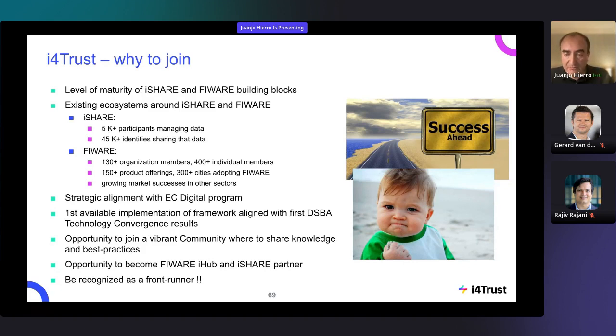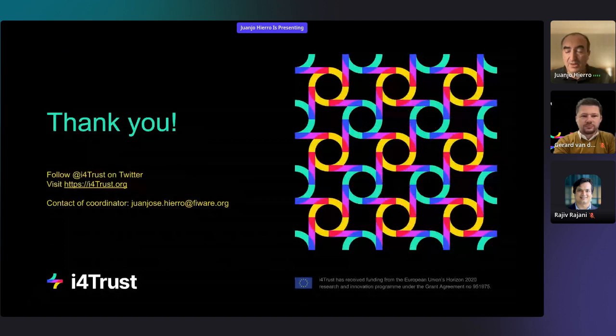All in all, we believe those that wish to engage with the i4Trust community, DIHs on one side, but also SMEs willing to solve concrete challenges by creating data spaces, will for sure be recognized as front runners of this digital revolution that data spaces will be bringing, and a cornerstone in the development of the data strategy in Europe. Thank you very much for joining this first session.